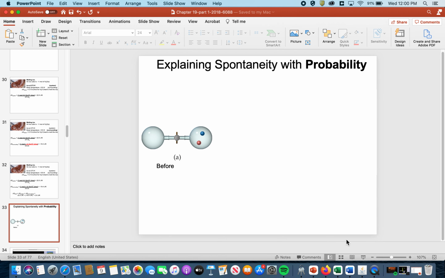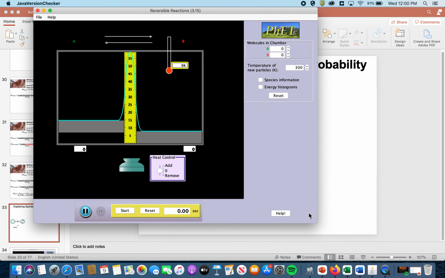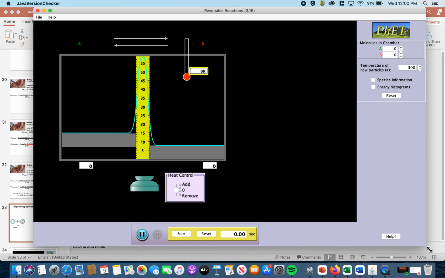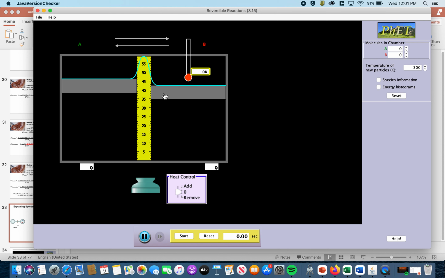Now, in order to explore this, I like this PhET sim. This PhET sim wasn't designed for this purpose, but like many PhET sims, I take them off-road and use them in different ways. So within this one, I'm going to raise these 2 barriers. And I'm going to put 2 particles on one side.